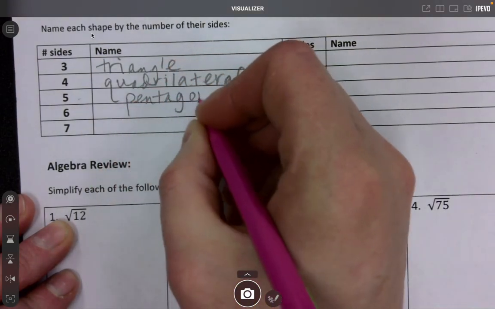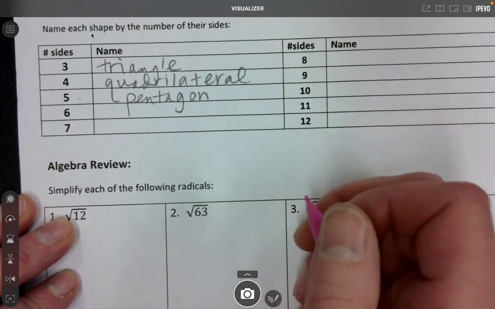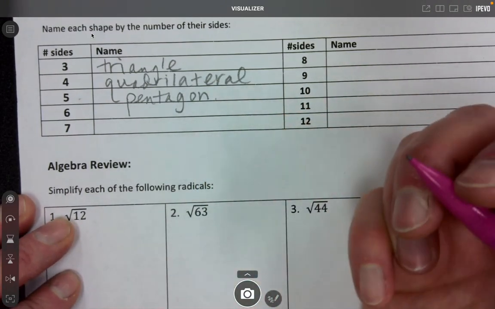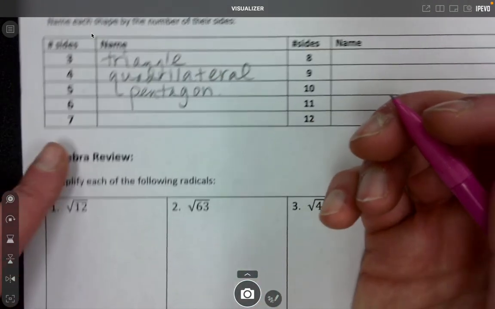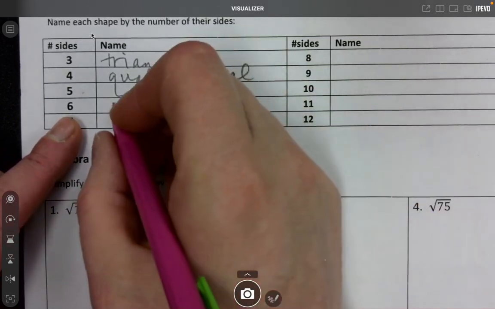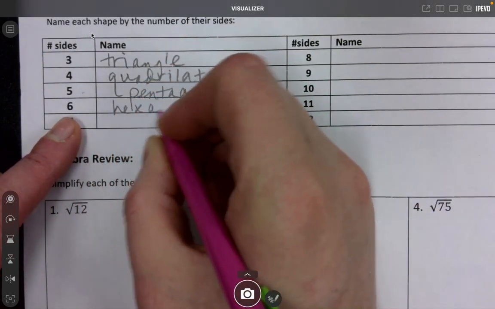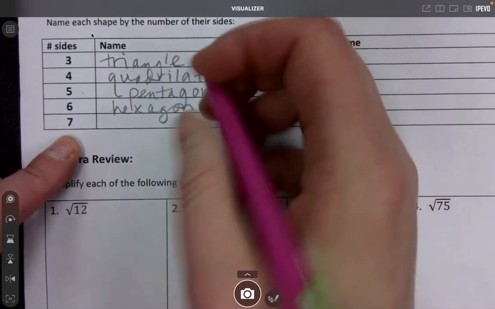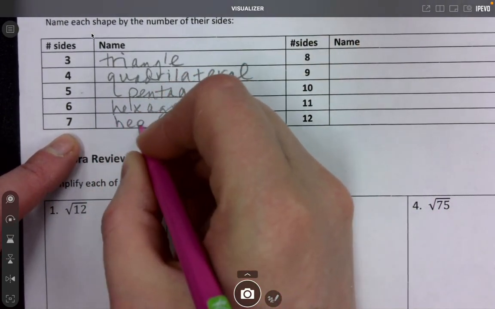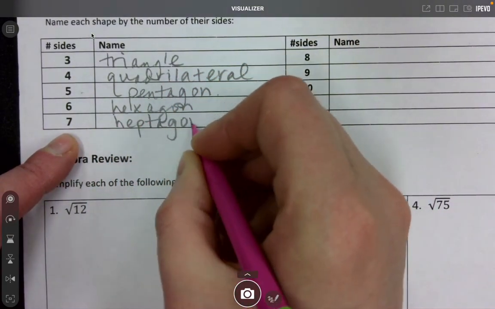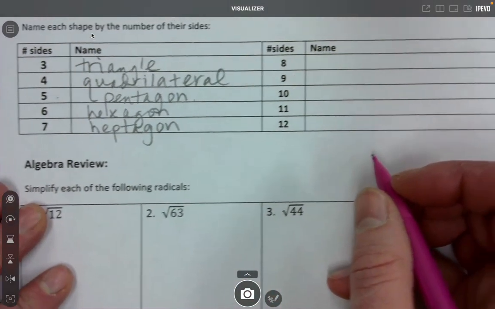And you might not remember this word off the top of your head, but it should be familiar when I write it down. So pentagon shouldn't be a brand new word. If it has 6 sides, it's a hexagon. 7 is a heptagon. These lines are pretty small. 8 is an octagon.